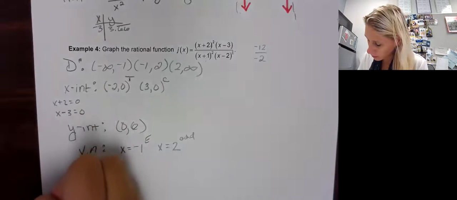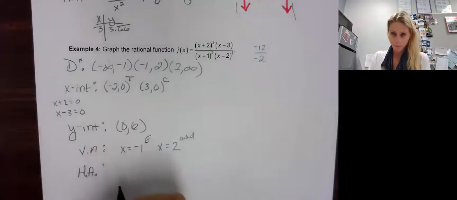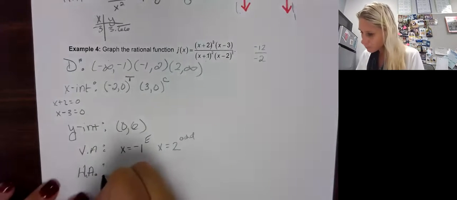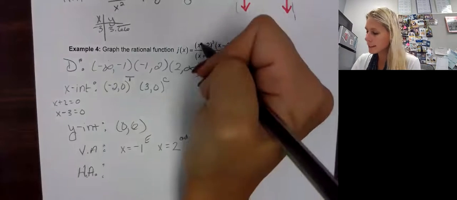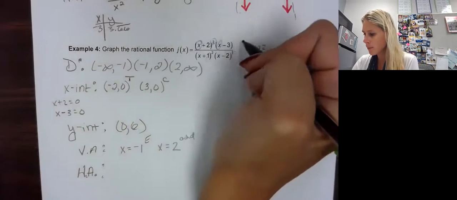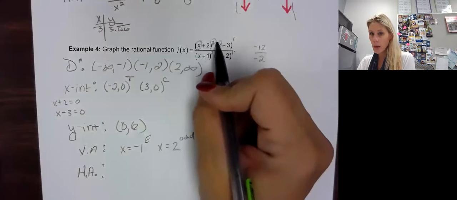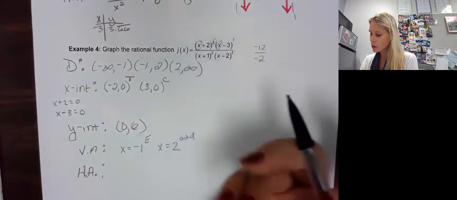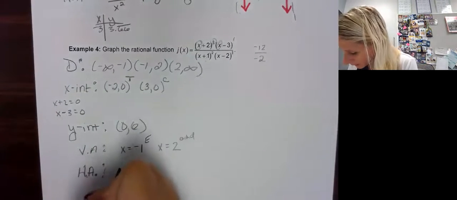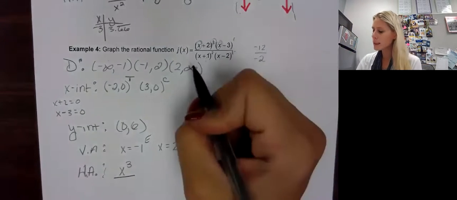Horizontal asymptote. Okay, this is a tricky one that most people mess up. What I want to do is look at my term and the exponent. So this is x squared times x to the first, which gives me x cubed. And then on the bottom, I'm going to do the same.